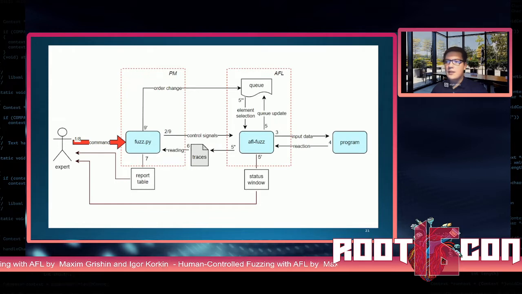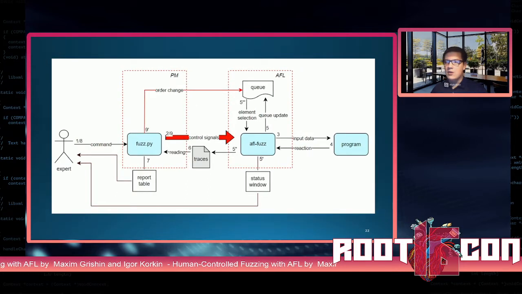Having selected an element from the list, the operator sends a command to the module, which modifies the queue order and makes appropriate changes to the fuzzer service variables to avoid conflict. Finally, the file with traces is cleared, the AFL fuzz process resumes, and then the cycle repeats again.